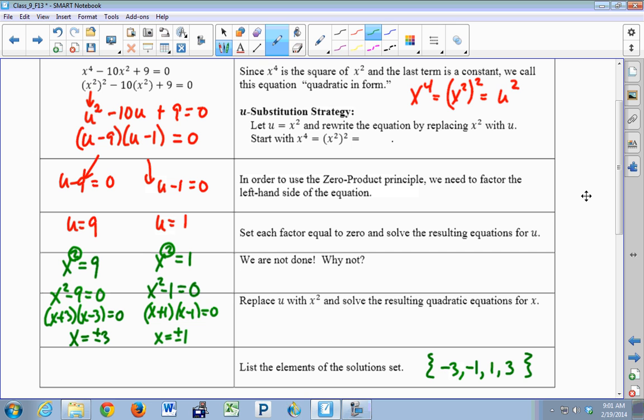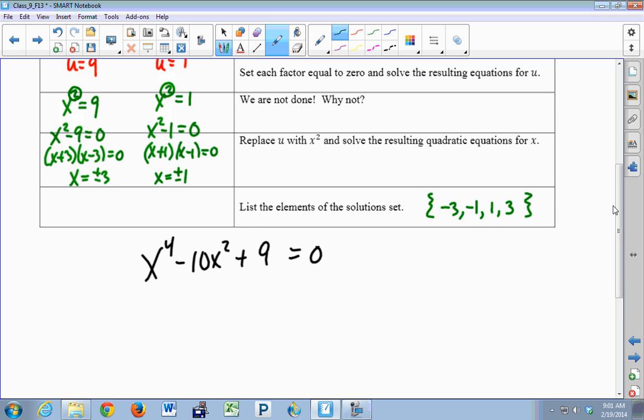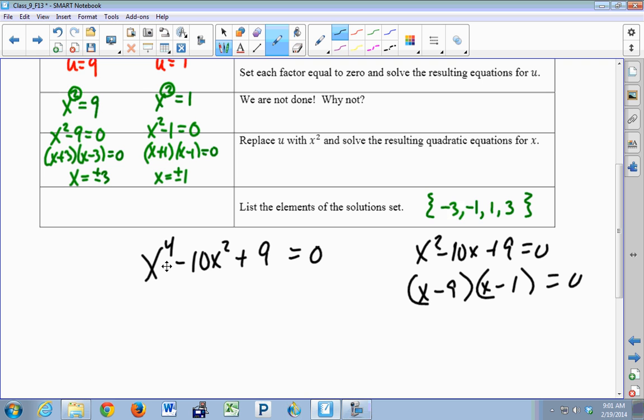Now, let me just say to you, you can forget this whole u substitution if you want. Some of you may be capable with the original equation. If you recognize that when you factor your original quadratics, you get 2 factors, like if this was just an original quadratic, you factor this into 2 binomials where each factor is linear because they have degree 1, okay?